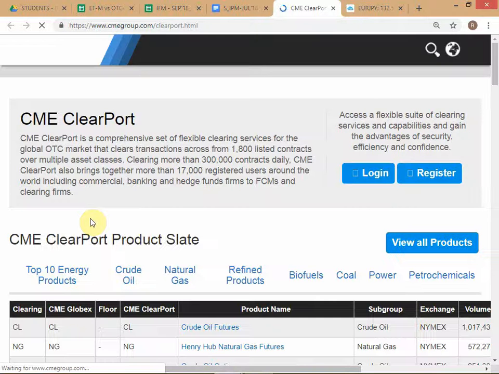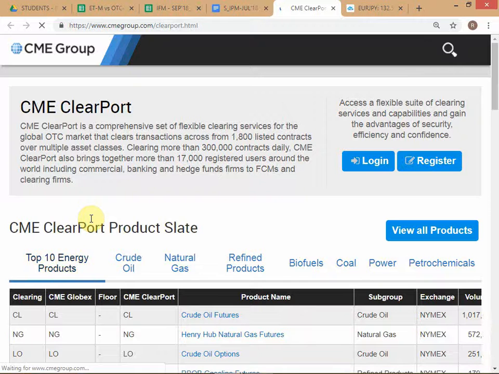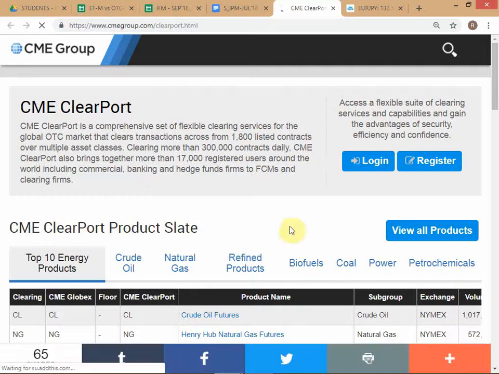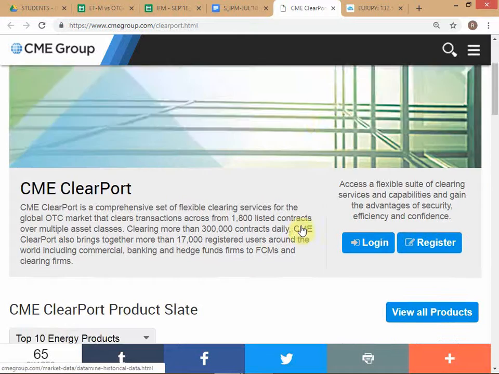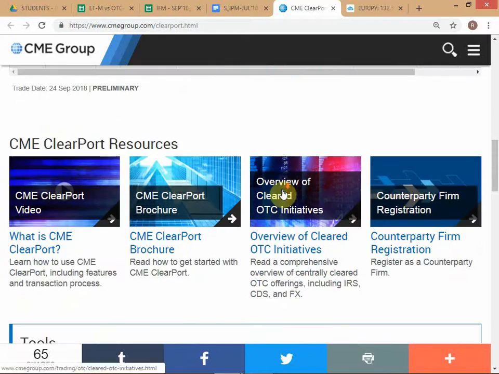So now we are discussing the important point of credit risk intermediation by the exchange clearinghouse, which is normally a feature of exchange traded markets only. But then it started to also be applied to certain OTC transactions. This is the initiative by the CME Group, which is the largest.